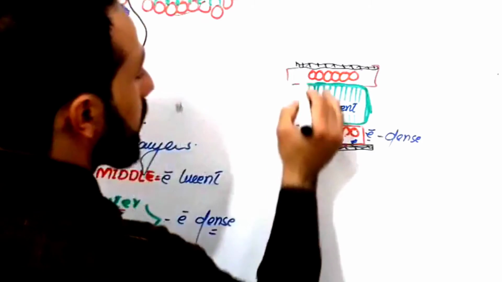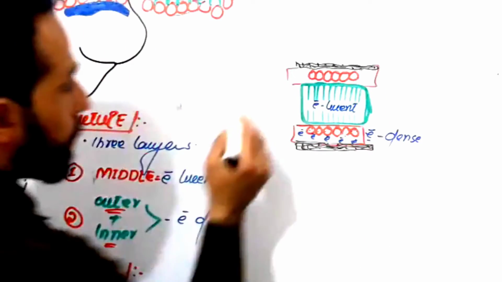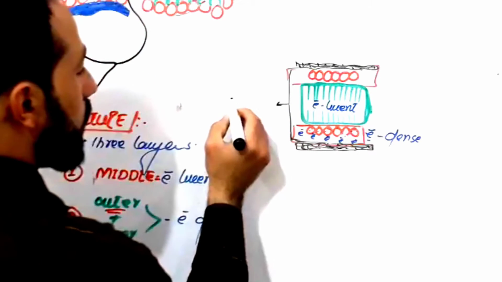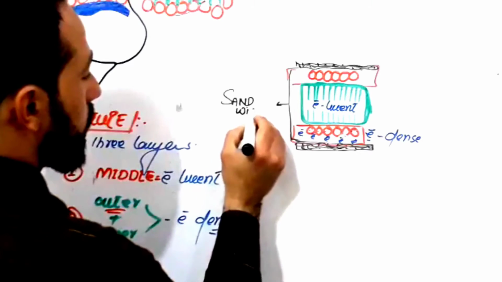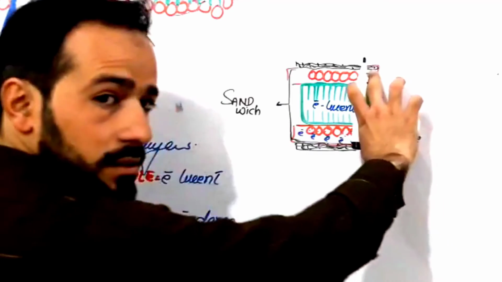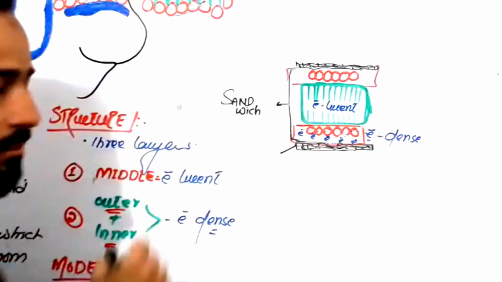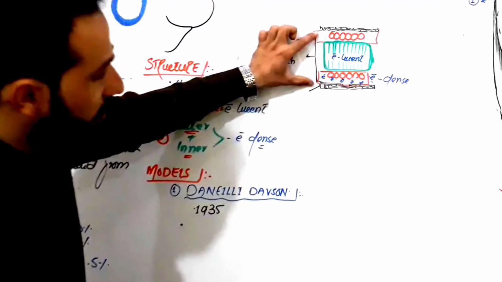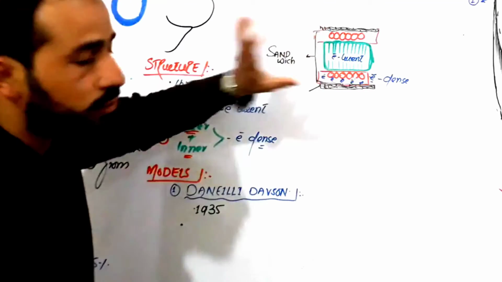These black layers are called the proteins. So from here up to here, this is your sandwich layer. The cell membrane is composed of proteins and phospholipids, in which the phospholipids are sandwiched between the outer and inner protein layers.